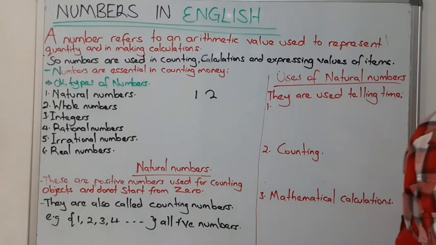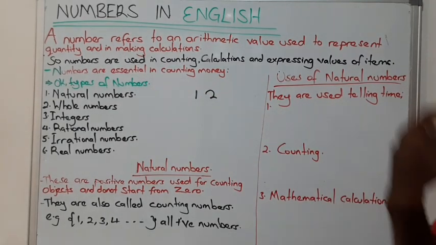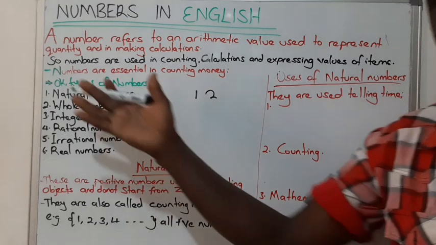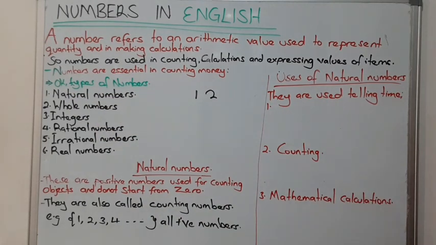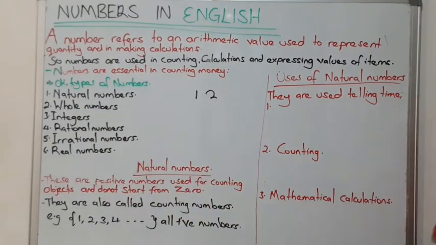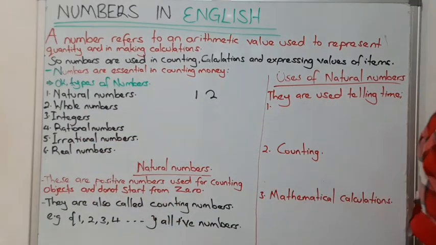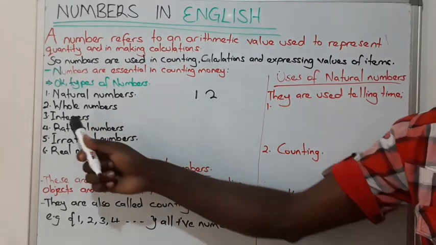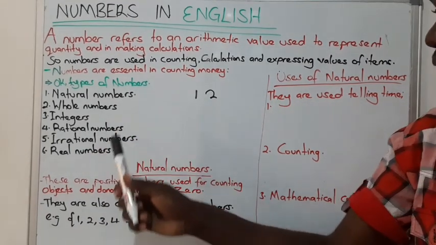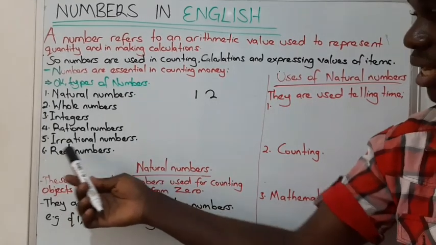Now you understand what numbers are. Numbers are values that help in making calculations and counting objects. Let's look at the types of numbers. We have natural numbers, whole numbers, integers, rational numbers, irrational numbers, and real numbers.